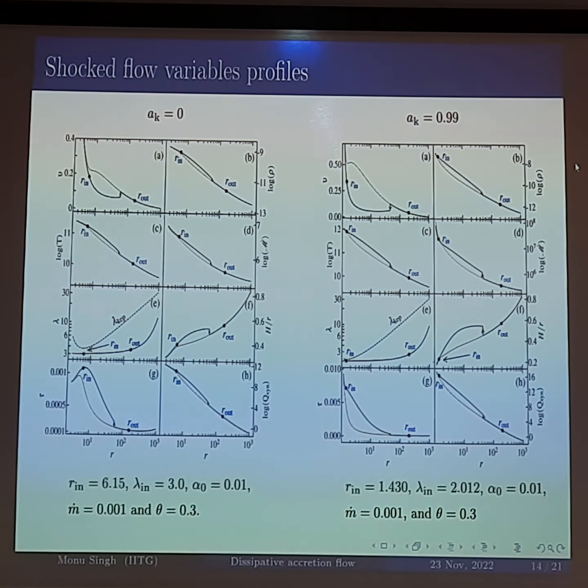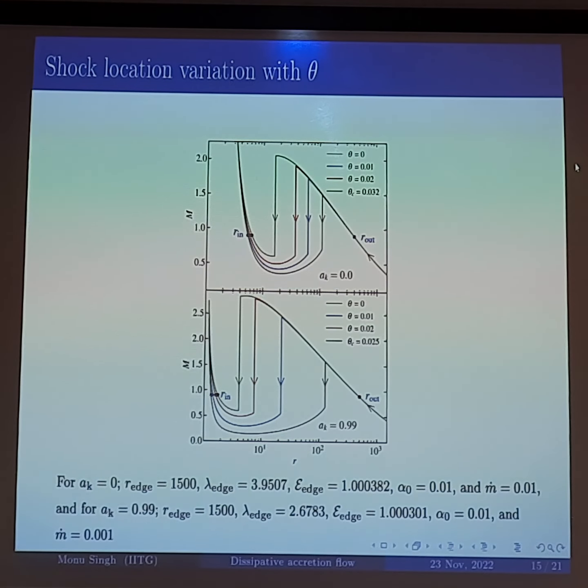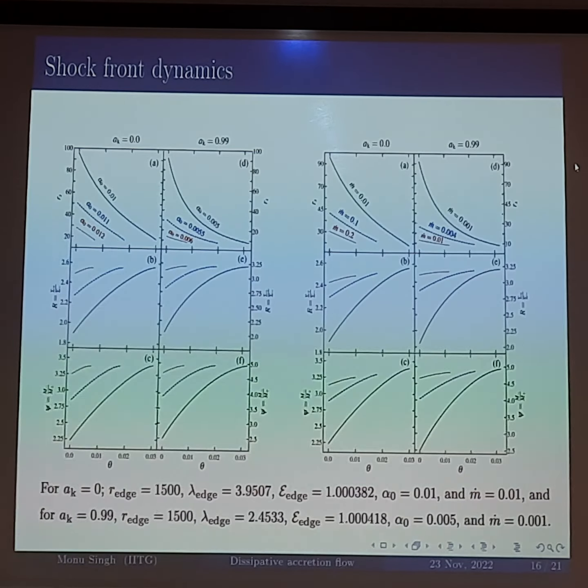If you keep increasing the viscosity, the centrifugal barrier weakens so much that it supports no shock. So after a critical value, there is no shock in the flow. Depending on the flow variables, this accretion flow might induce a shock or might not. This depends on the flow variables that we choose at the outer edge from where we are injecting, or even what we are changing.